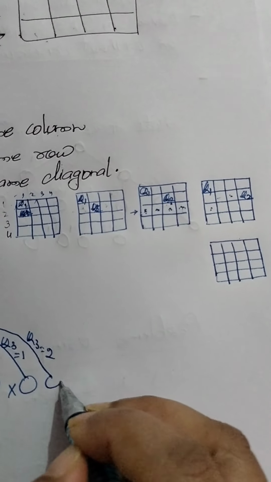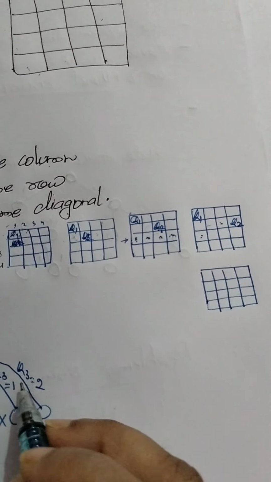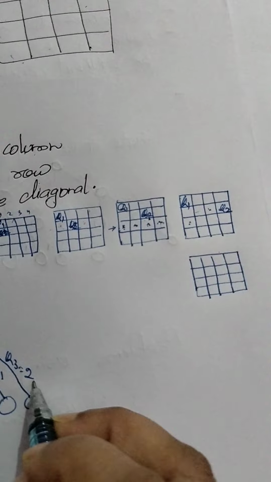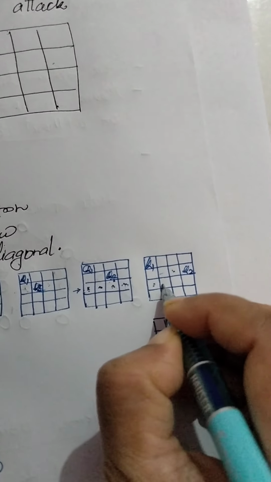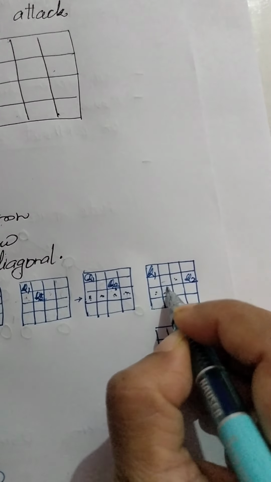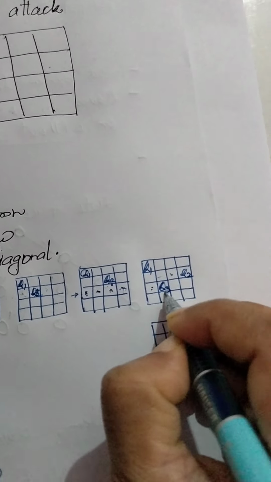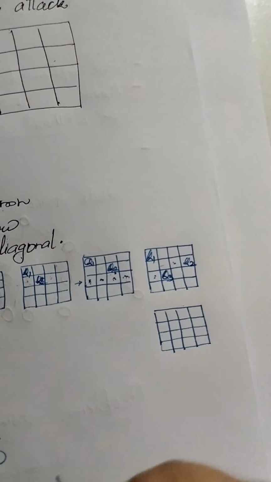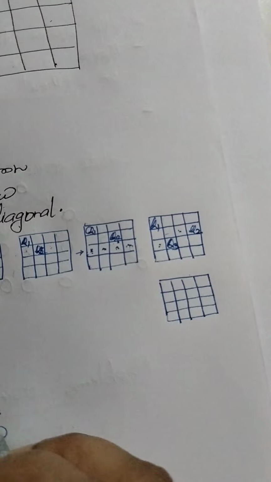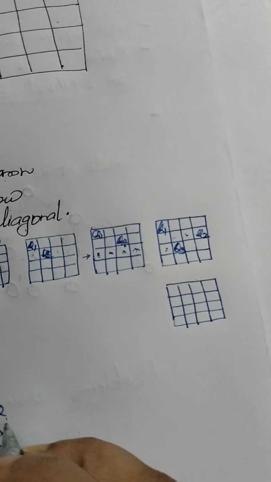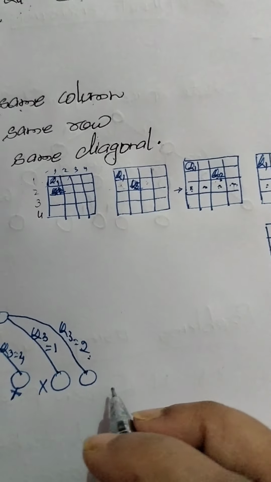Can we go for placing Q3 in second column? Yes, we can place Q3 in second column. That means this path is okay. We have placed Q3 in second column.